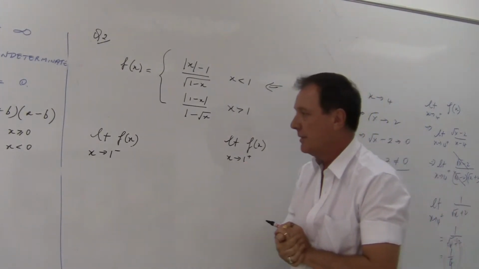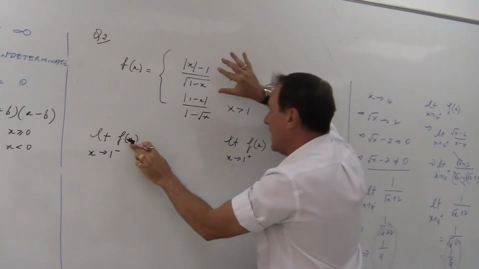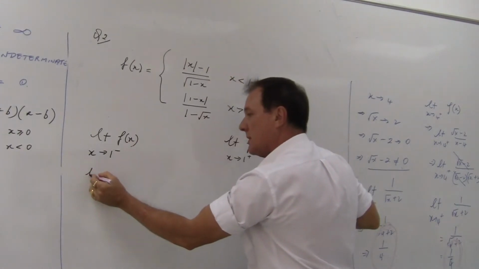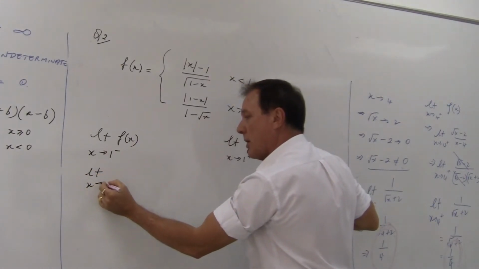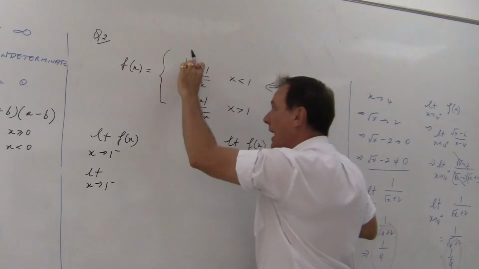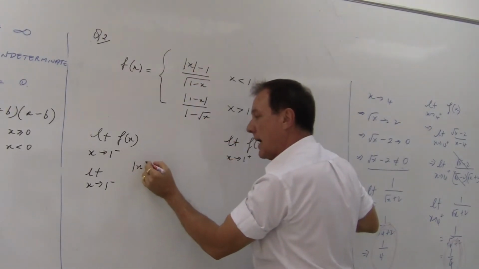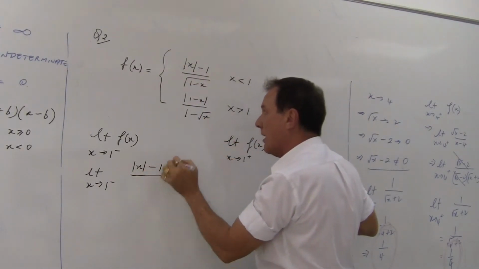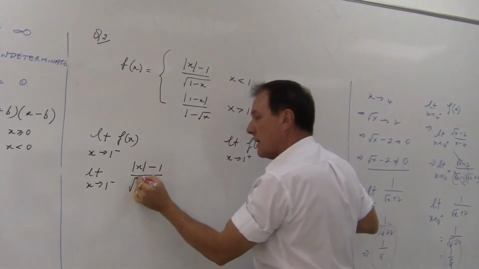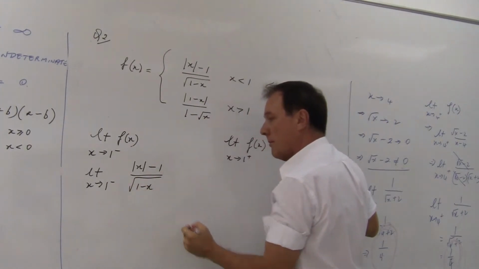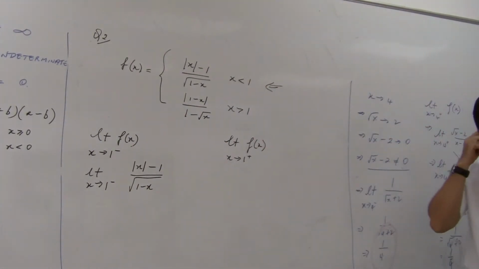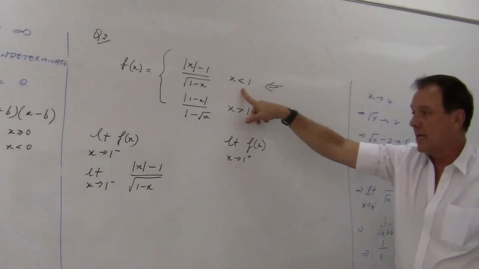Let's have a look. So the limit of the function is going to be the limit of this part. We'll have the limit as x approaches 1 from below, of mod x minus 1 over root 1 minus x. That's what the function is, that's how it's defined when x is less than 1.